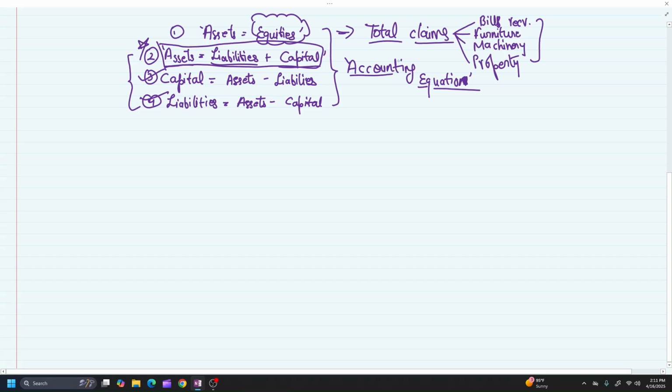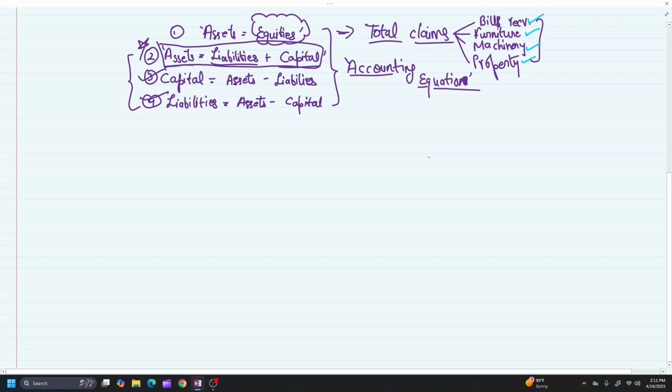Asset, you got to know. Asset is what? Anything that's yours. Bills receivable, furniture, machinery, property. The thing that is yours, your possession, is the asset to you. Like for me, my asset is my computer, my mobile phone, or my house, my car, my home furniture. All these are assets to me if I'm running a company. In the company basis, you can say.